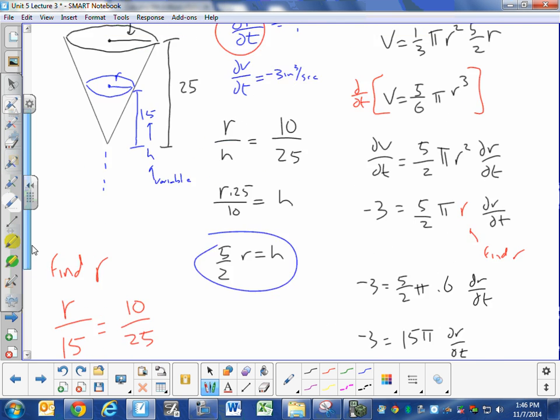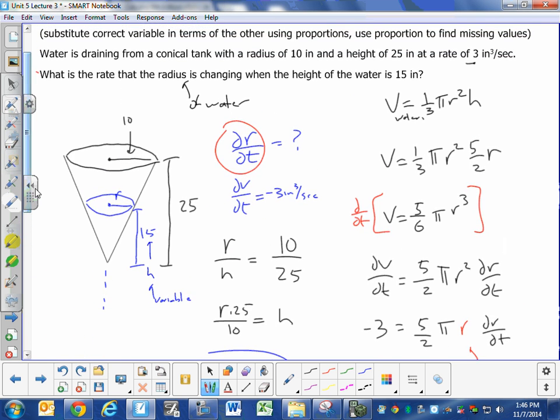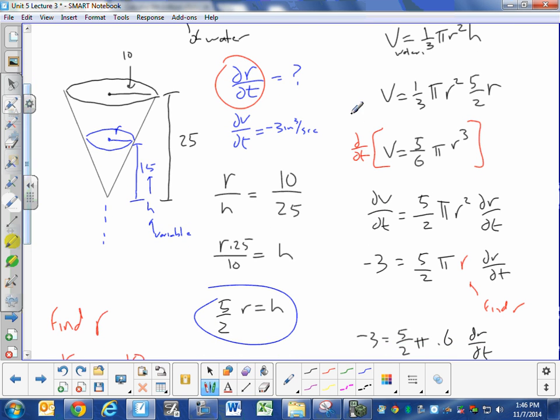All right, so definitely the hardest problem. We have the volume of the water formula, but we need to use a proportion to establish the relationship between the radius of my water, which is changing, and the height of my water is changing. I use that proportion to plug into my original equation to get a simpler equation. Once I have this simpler equation, I then take the derivative with respect to t.